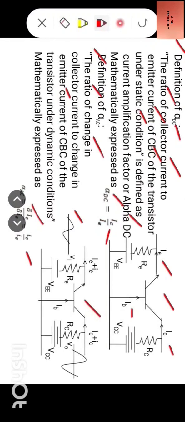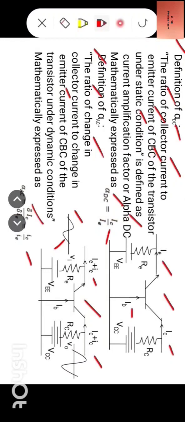Now look at this circuit diagram. When we apply AC at the input, the emitter current changes to capital IE plus small IE. Accordingly, collector current also changes from capital IC to capital IC plus small IC. So the change in collector current is small IC and change in emitter current is small IE.